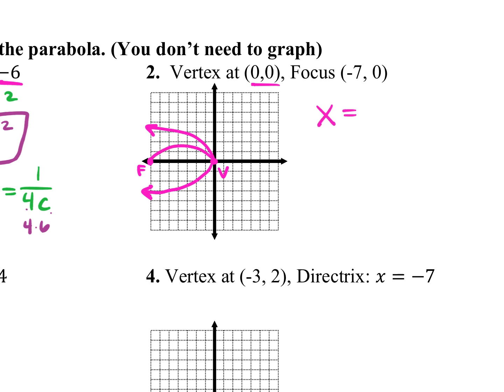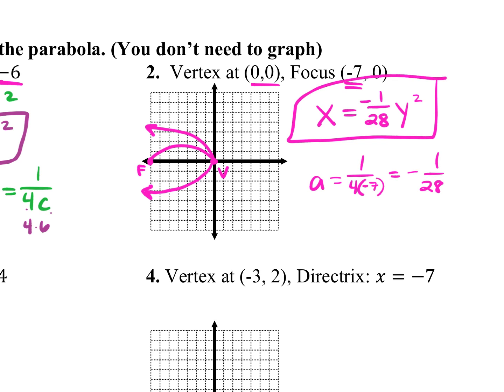From the vertex to the focus is -7, right? C, 0 on this one. So you're saying A equals 1 over 4 times C. So that's -1/28. So X equals -1 over 28 times what? Y squared. Questions on that?